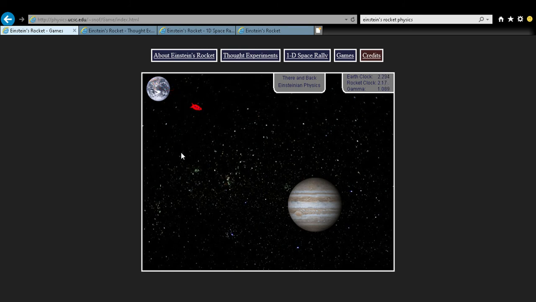Okay, so for Einstein, as I accelerate high enough, there is a difference in the amount of time viewed in the rocket compared to on Earth, especially if I accelerate there.